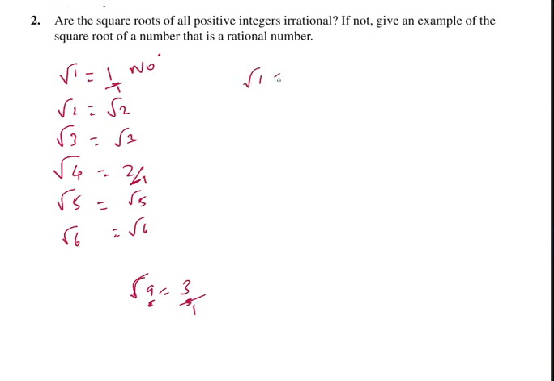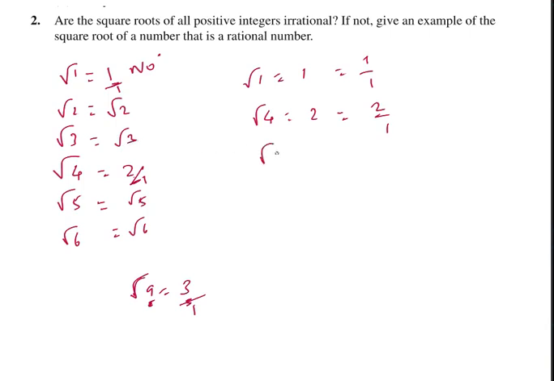Root 1 is 1. It is nothing but 1 by 1. It is of the form p by q, with q not equal to 0, so 1 is a rational number. If we take root 4, it becomes 2. 2 we can write as 2 by 1. It is of the form p by q, q not equal to 0, so it is a rational number. Root 3 we cannot write like this.